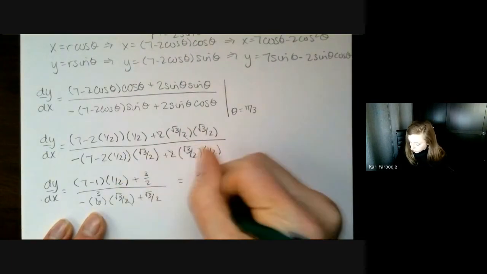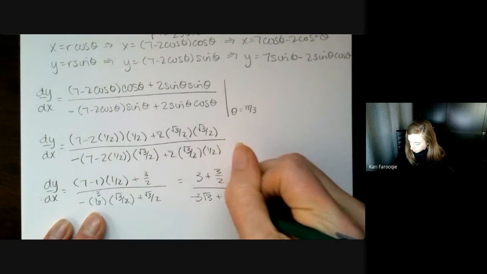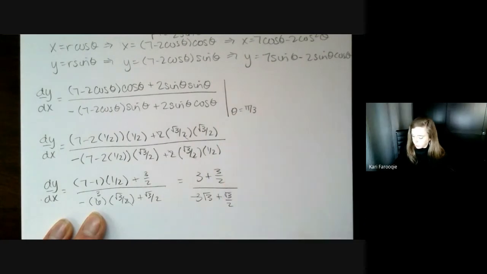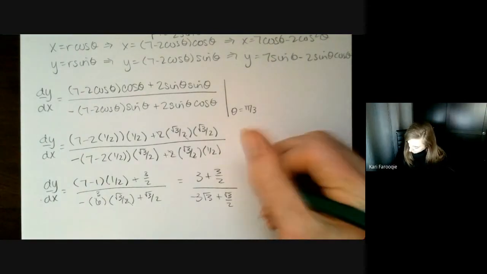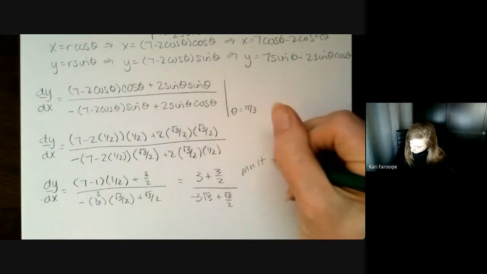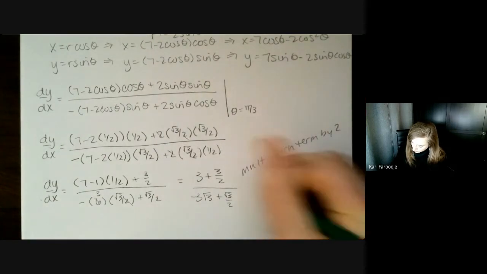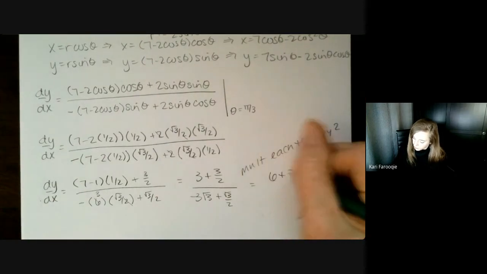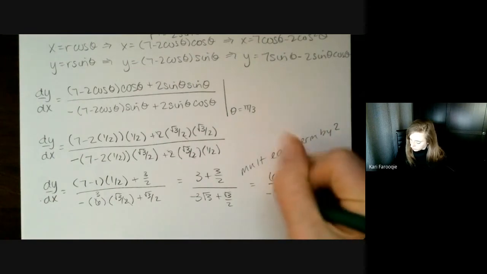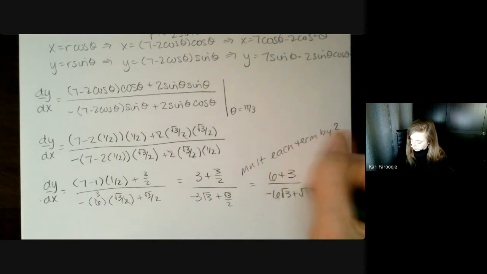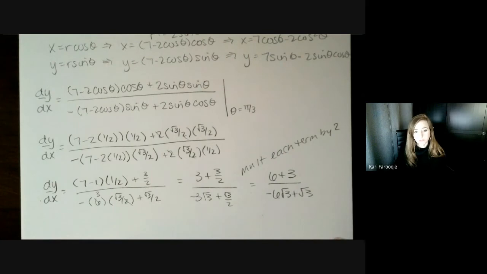And I'll have minus 3 root 3 plus root 3 over 2. And then to simplify this complex fraction, just multiply every term by 2. And you'll get 6 plus 3 divided by negative 6 root 3 plus the square root of 3.